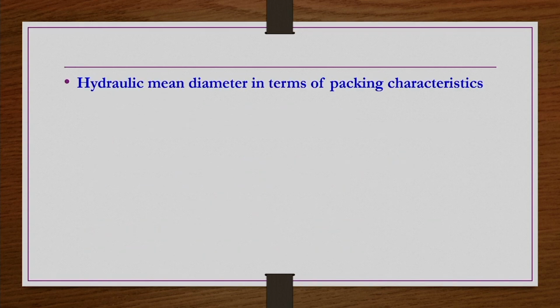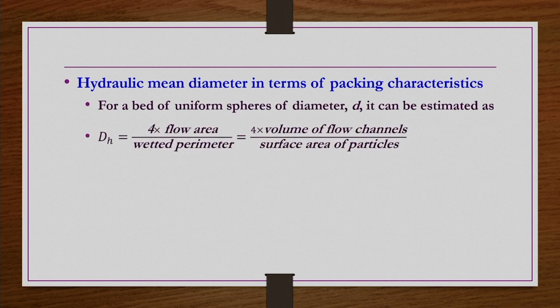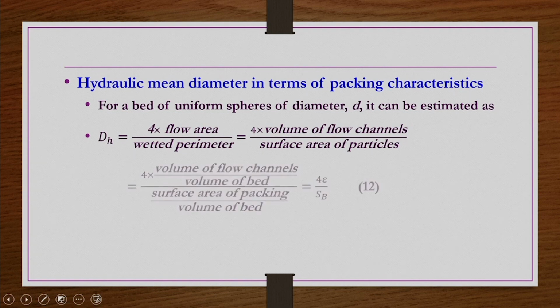So, the hydraulic mean diameter in terms of packing characteristics we have to find out. For a bed of uniform spheres of diameter d, dH is equal to 4 multiplied by the flow area divided by the wetted perimeter. So, the flow area is nothing but the volume of flow channels that is available, and the wetted perimeter is nothing but the surface area of particles. So, now what we do? We divide numerator and denominator by the total volume of the bed. The volume of flow channels divided by the volume of the bed we can write as the void fraction epsilon, and the surface area of packing divided by the volume of the bed we can write as the specific surface SB.